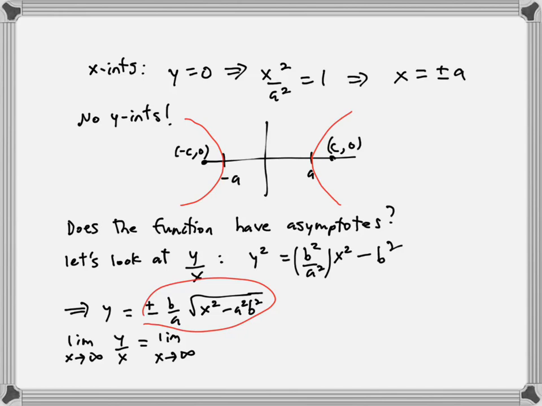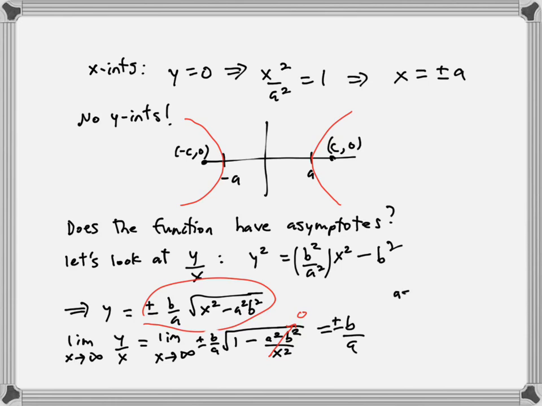So that's going to give us plus or minus b over a times, when you divide that by x, that's like taking out an x squared from the radical, and so you end up with the square root of 1 minus a squared over x squared. If you send x to infinity, then that means this goes to 0. Oh, my b over a disappeared. Sorry, this is important. So plus or minus b over a. What do we end up with then? We end up with b over a, plus or minus.